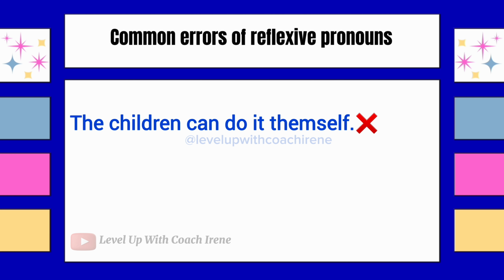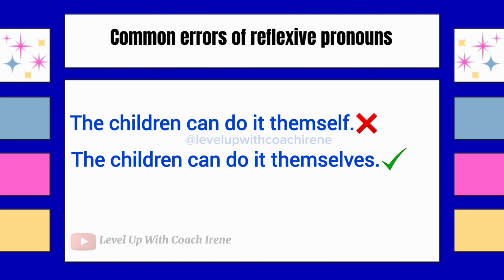The children can do it themself. This is a wrong sentence. It should be the children can do it themselves. Ensure the reflexive pronoun agrees with the subject. For example, themselves for plural subject like children, they, both, two, and many more.